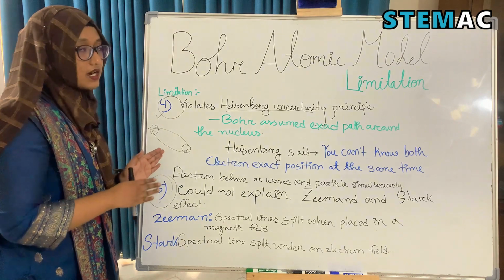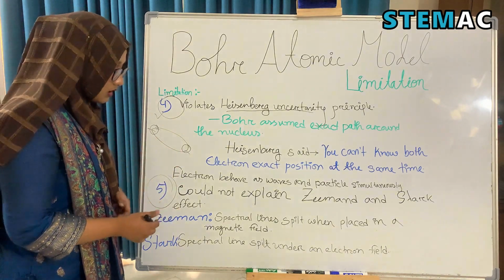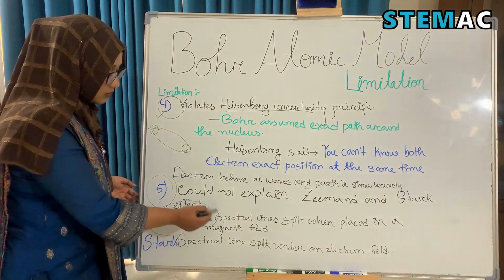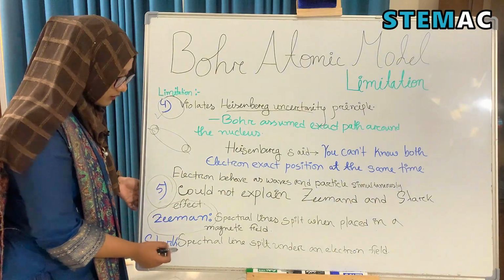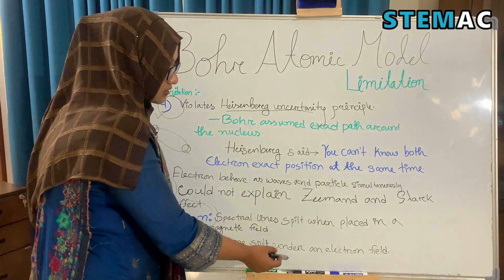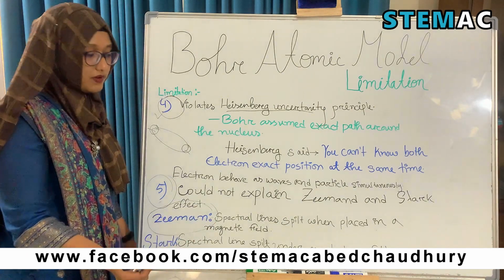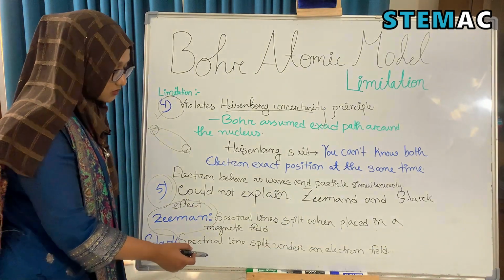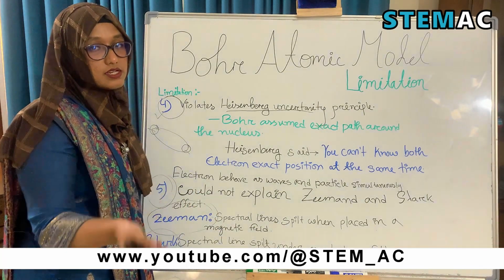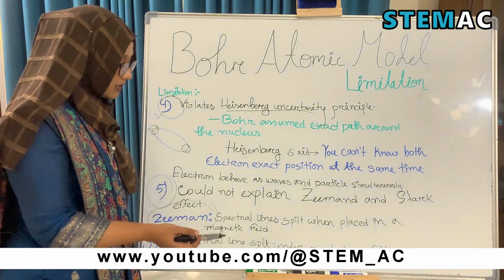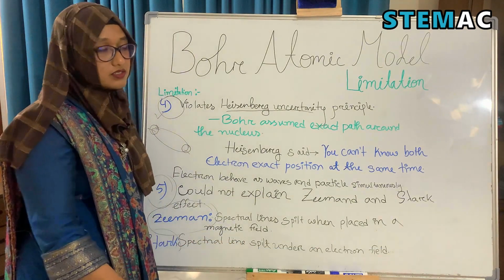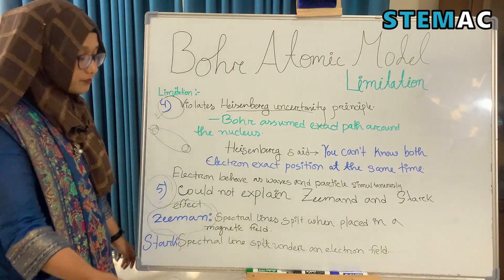He couldn't explain the Zeeman effect. Also the Stark effect: spectral lines split when placed in an electric field. In the case of Zeeman it's a magnetic field, and in the case of Stark it's an electric field. He could not explain the splitting of the lines.